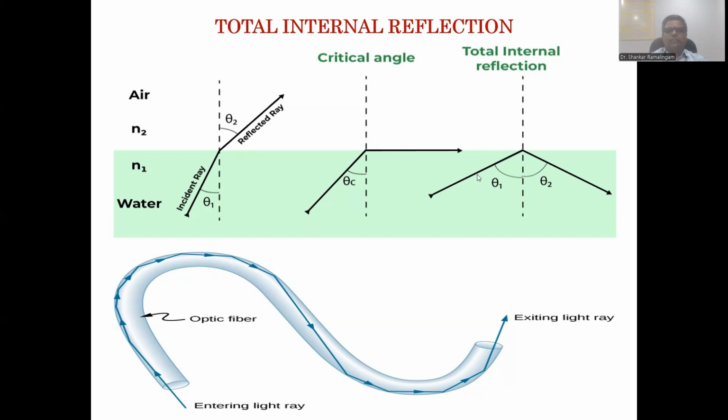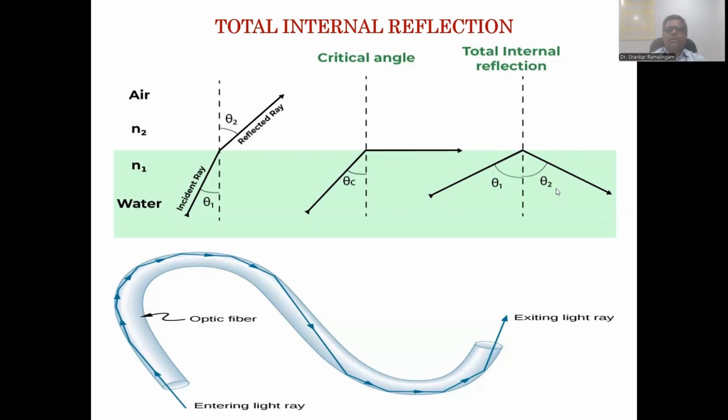As the angle of incidence is greater than the critical angle θc, this entire light signal is going to be reflected back from the interface between water and air. So this light signal incident on the interface is totally reflected back internally towards the water again, at an angle θ2.